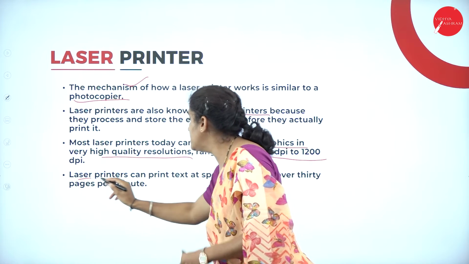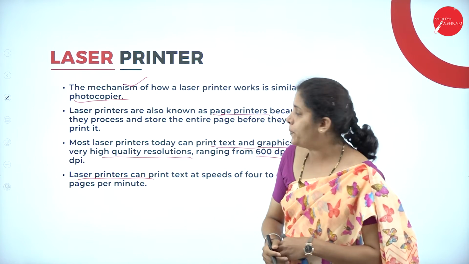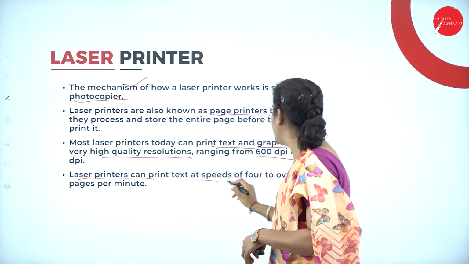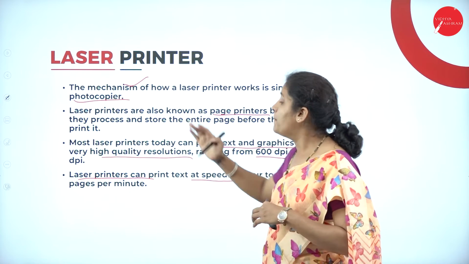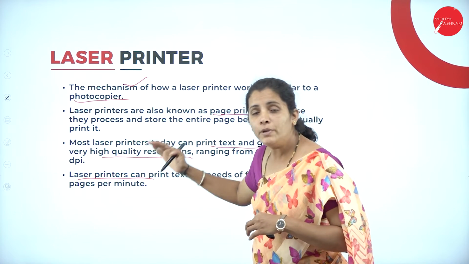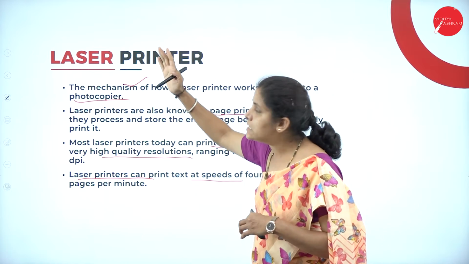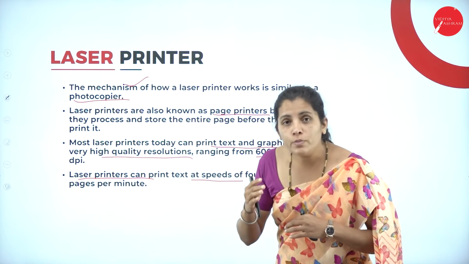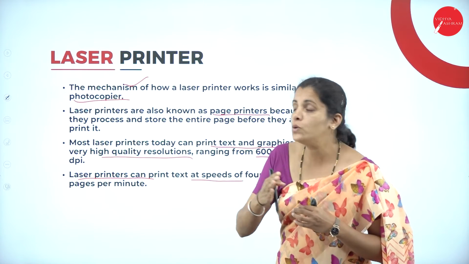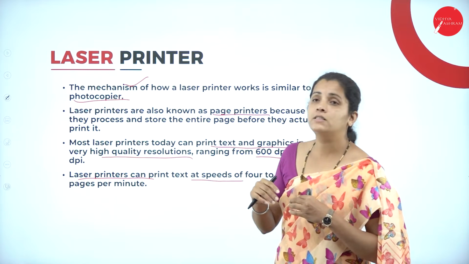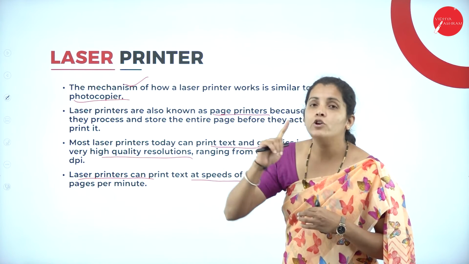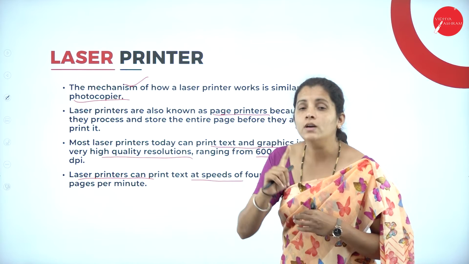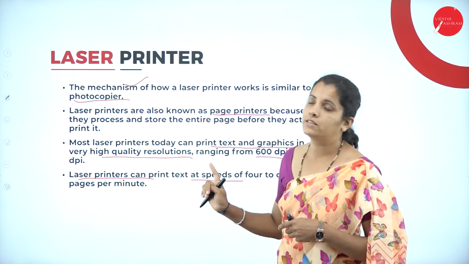Then laser printer can also print text at the speed of 4 to 30 pages per minute. That means in 1 minute, it is possible to print 4 to 30 pages.